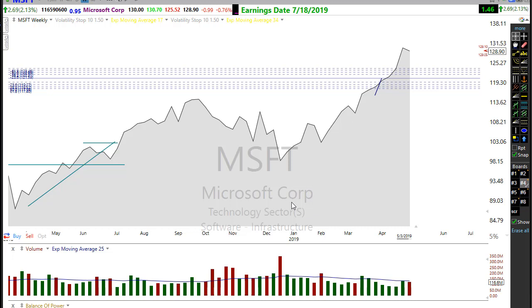That we've gotten a little bit extended here. Went a little bit parabolic. May have to go into another longer resting pattern. Doesn't mean we have to fall. We could just go into a longer resting pattern.